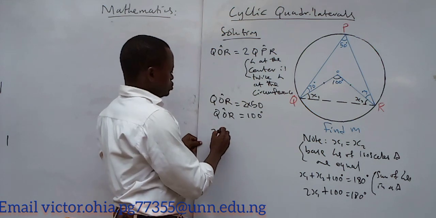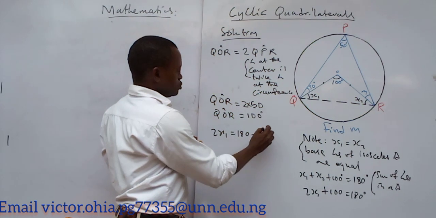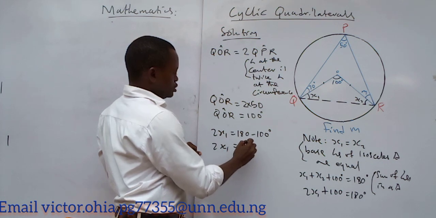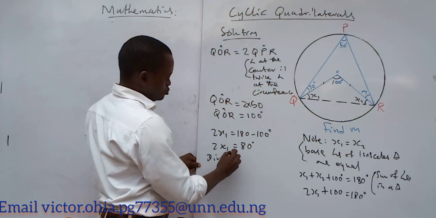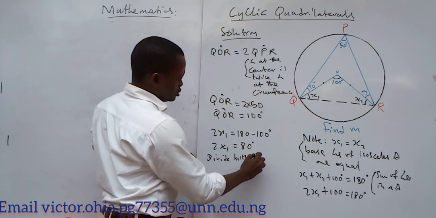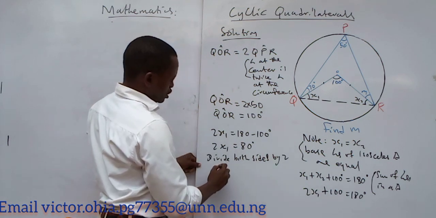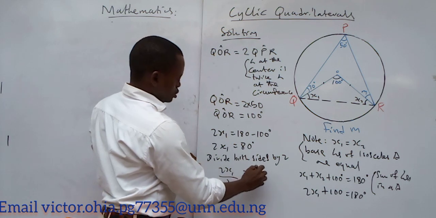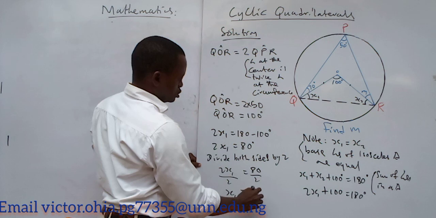So 2x1 plus 100 is still 180 degrees. It then means that 2x1 is equal to 180 minus 100 degrees, that means 2x1 is equal to 80 degrees. Dividing both sides by 2, we have 2x1 over 2 is equal to 80 over 2. That means x1 is equal to 40 degrees.